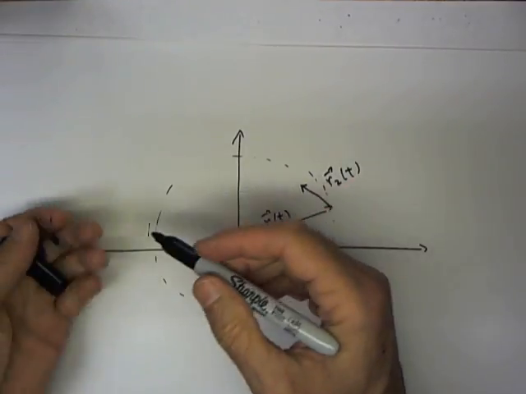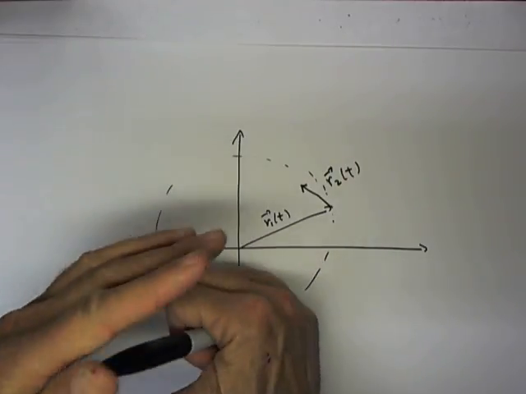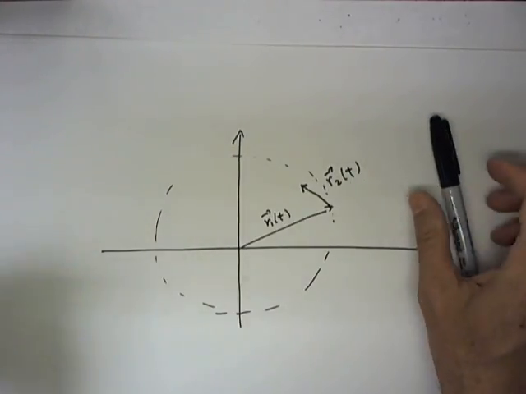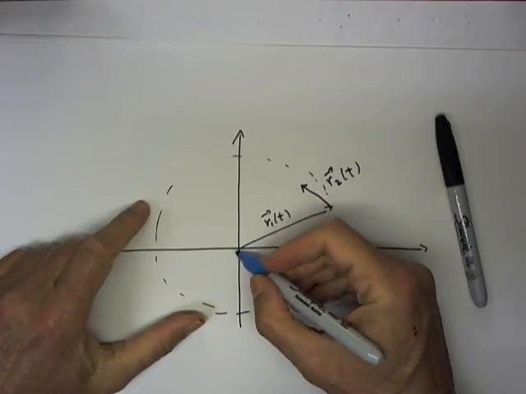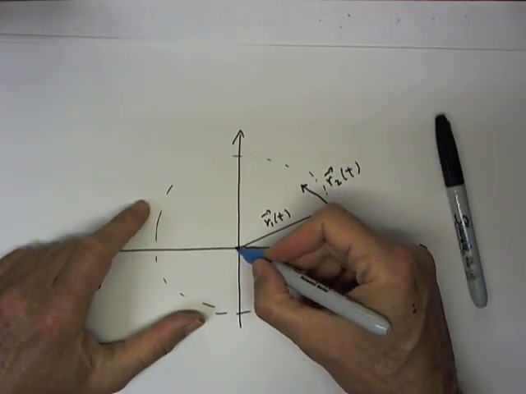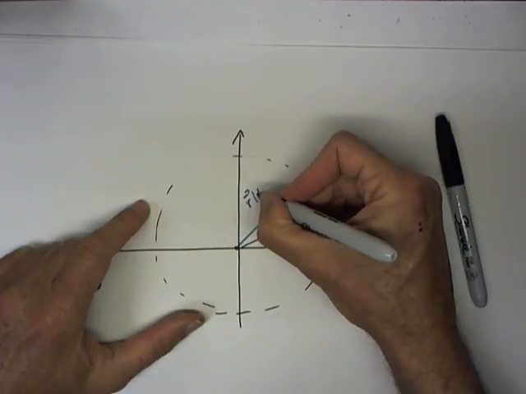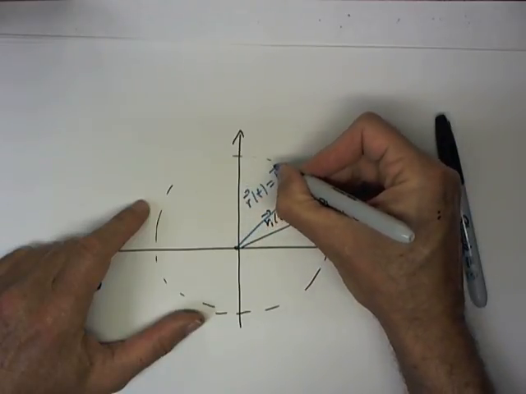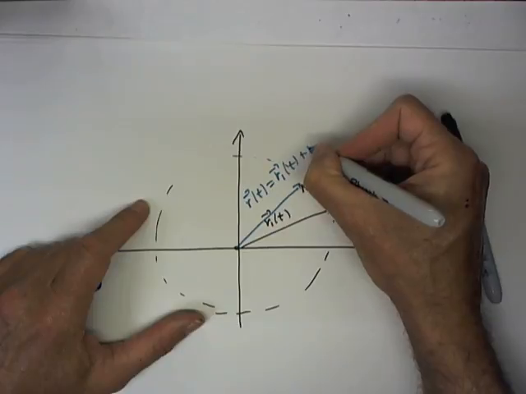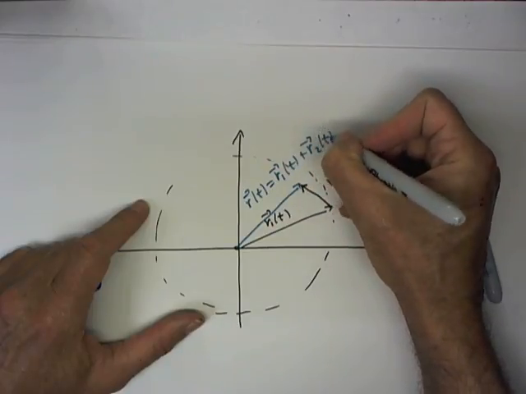And I've labeled these somewhat clumsily. But we have now the vector r of t equals r1 of t plus r2 of t.